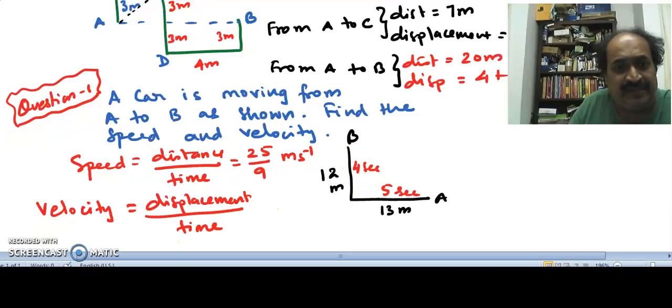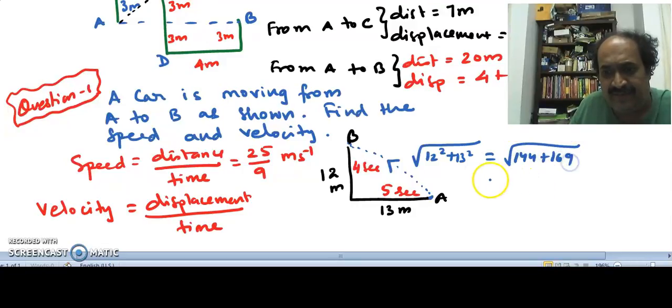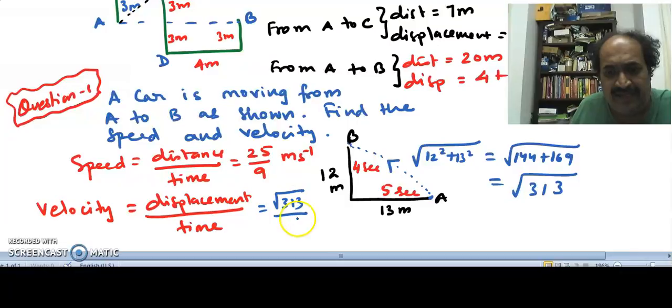Now which is the displacement here? Your displacement is from A, the starting point, up to B, this way. This will be root of 12 square plus 13 square, which is 144 plus 169, which is 313. So the displacement is root of 313 by the time taken.